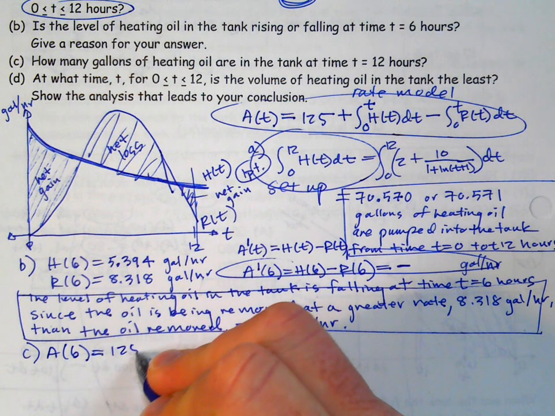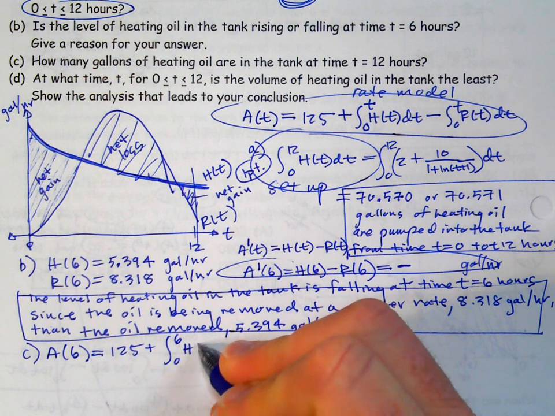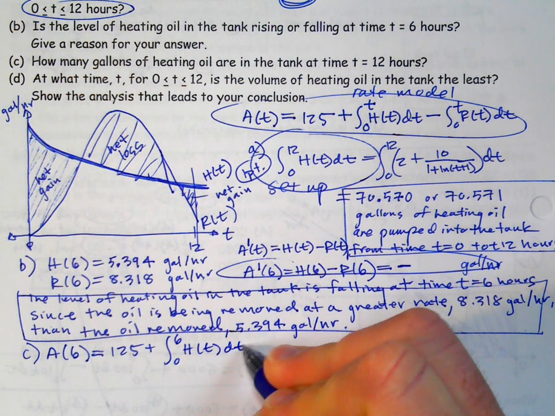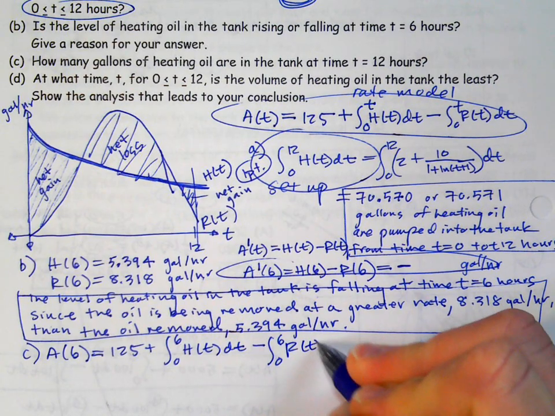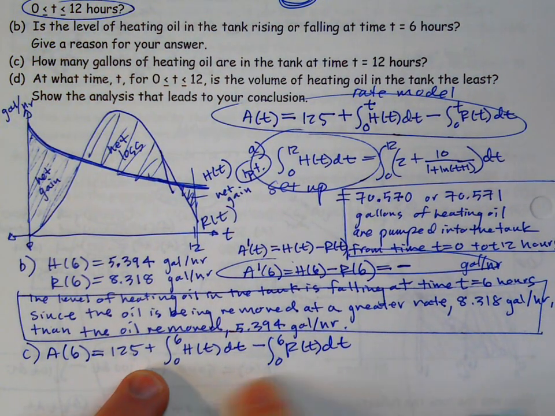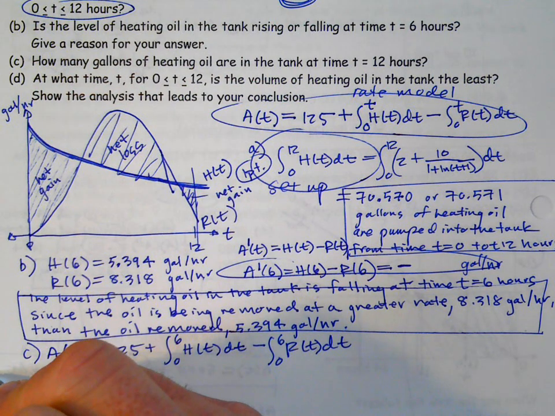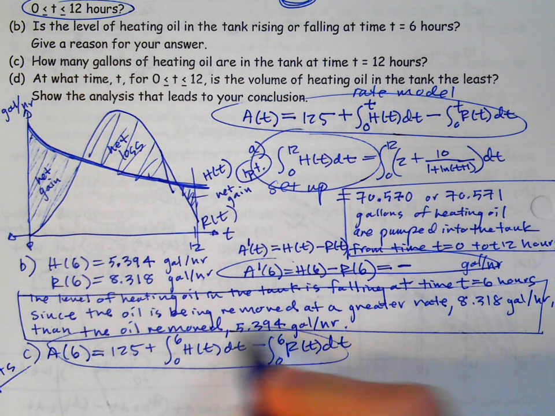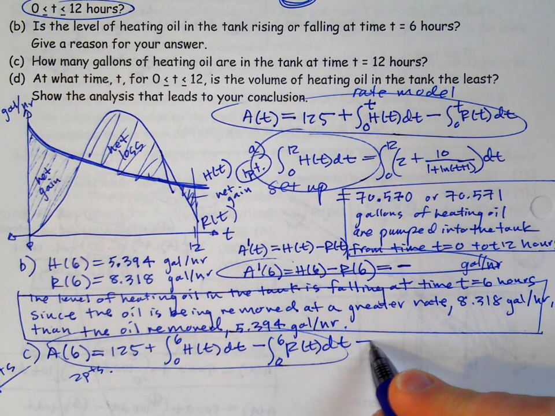A(6) equals 125 plus the integral from 0 to 6 of H(t) dt minus the integral from 0 to 6 of R(t) dt. That's your setup. That's worth often more points than your final answer.